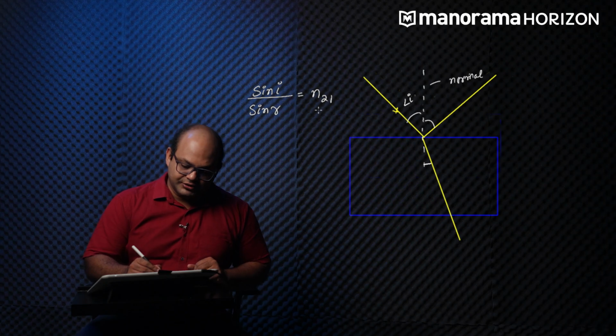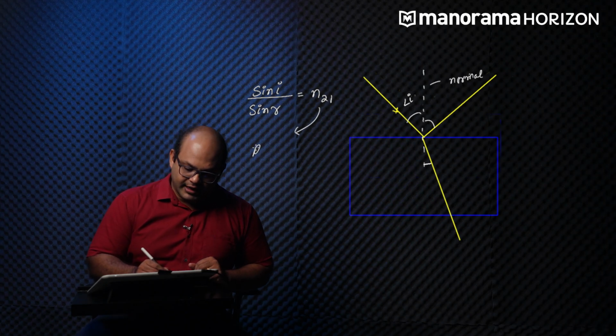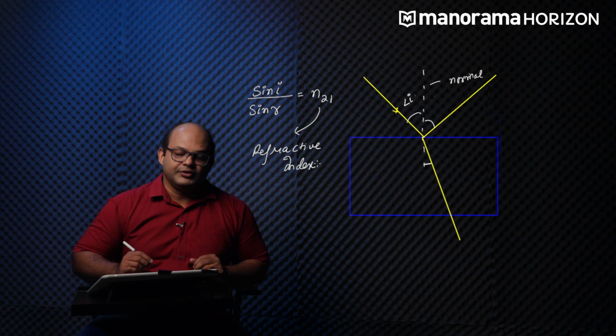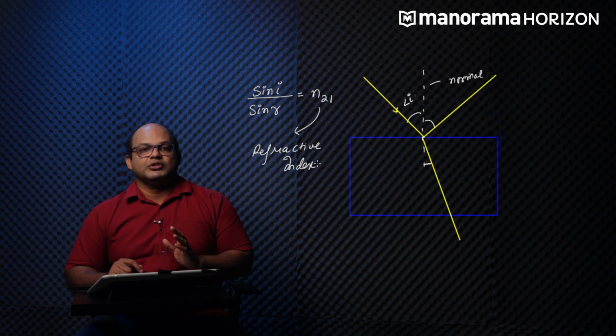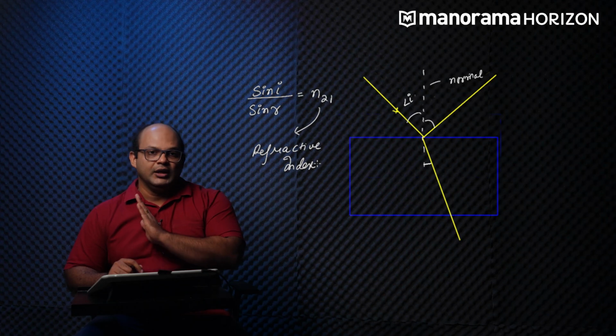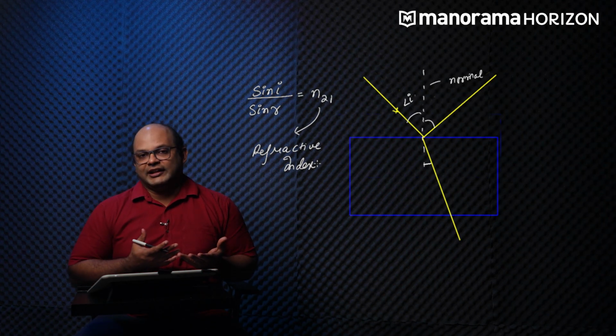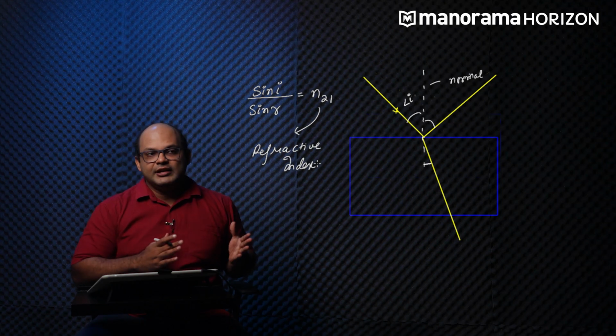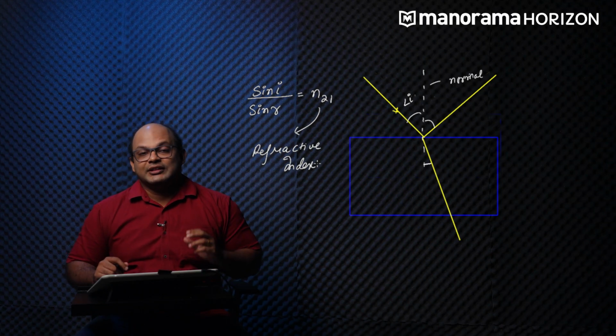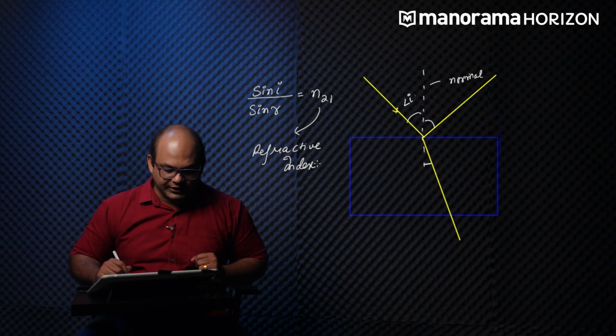And this constant is known as the refractive index. It is constant for a given set of two media. The phenomenon by which we see this bending of light as it is traveling from one medium to the other is known as the refraction of light.